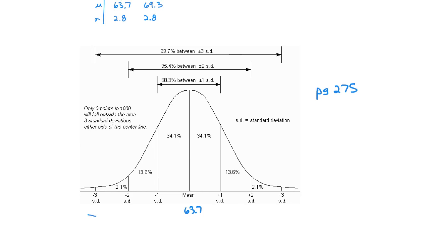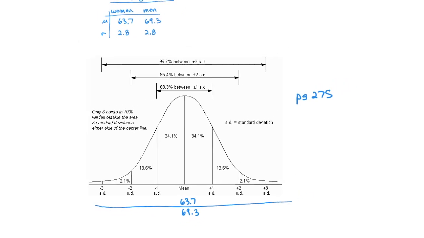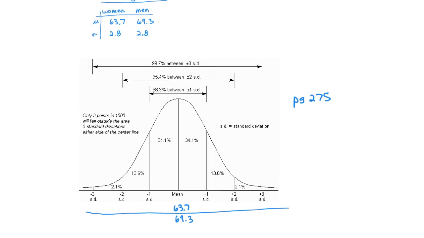And then I'll make a little line here. And then the men's height on average is 69.3. I'll put this right here. And then what we want to do is move along this distance here.